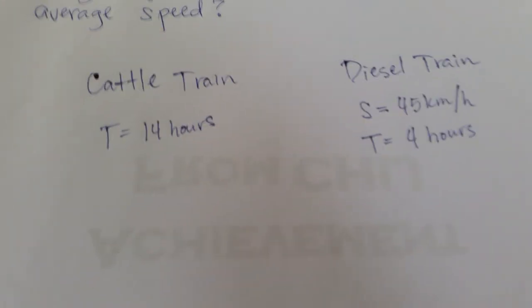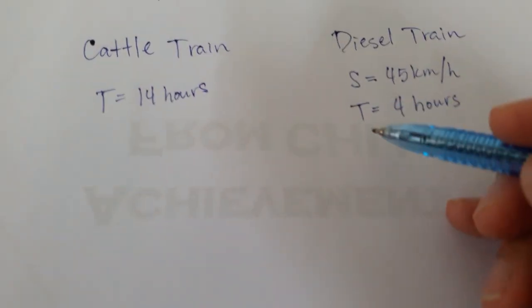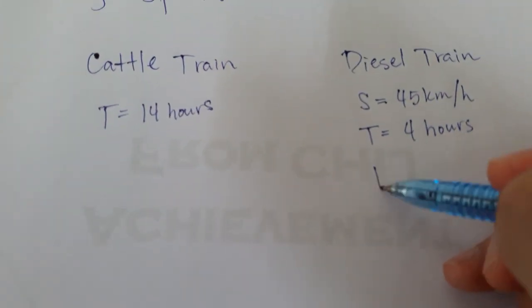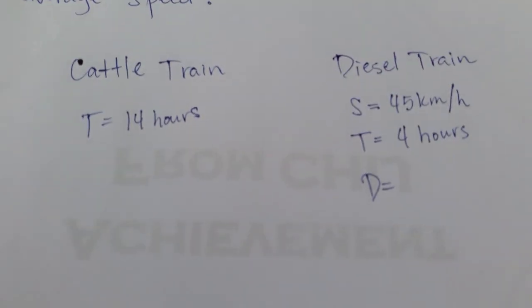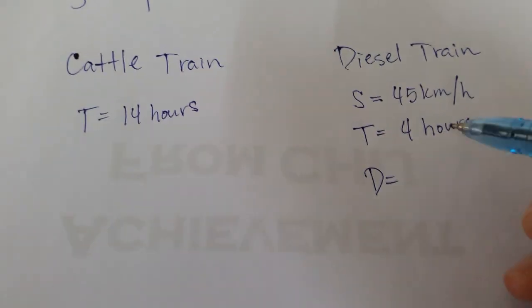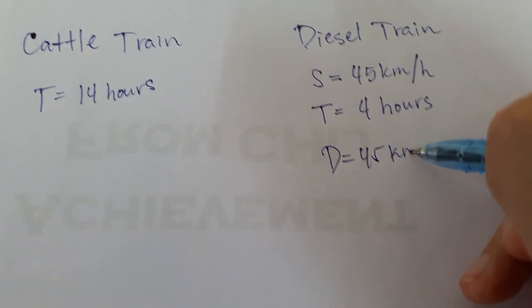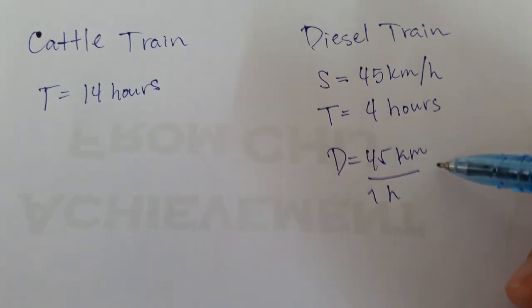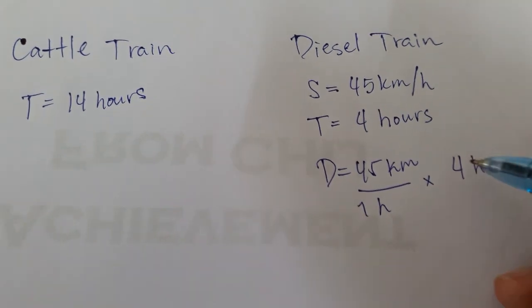So in this question, we have to find the distance first. So 45 kilometers per hour times 4 hours.